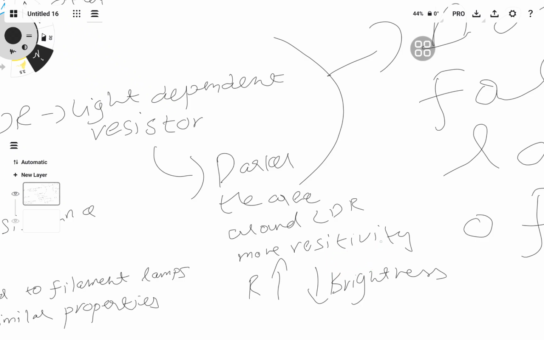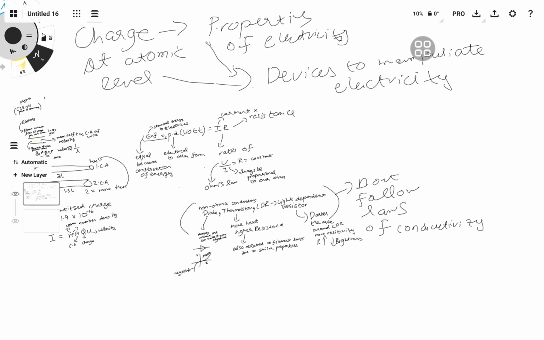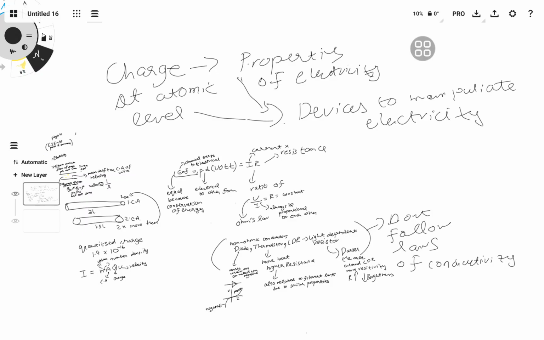Basically, there is a unit for brightness, candela, but we will not discuss that right now. So I have discussed all of this. Devices to manipulate electricity, don't follow laws of conductivity. Also I will discuss how these all ideas are basically related.